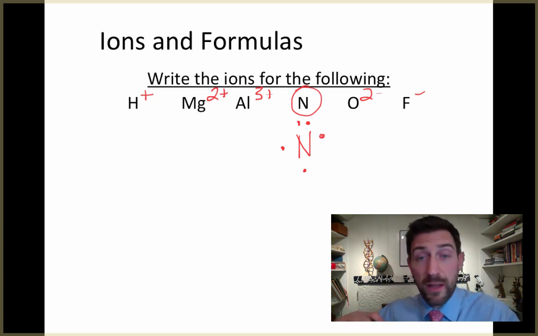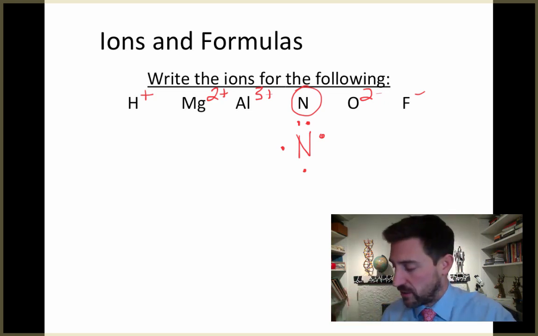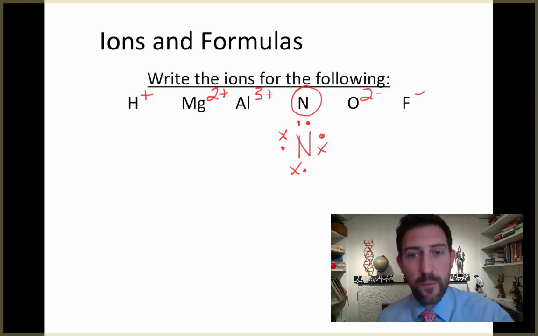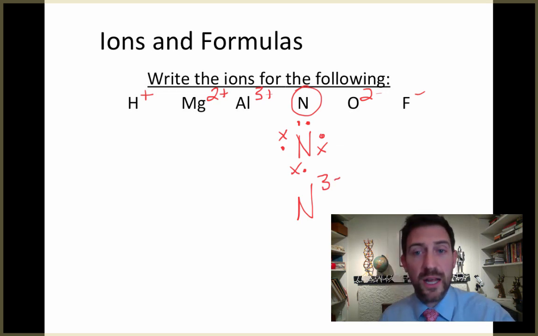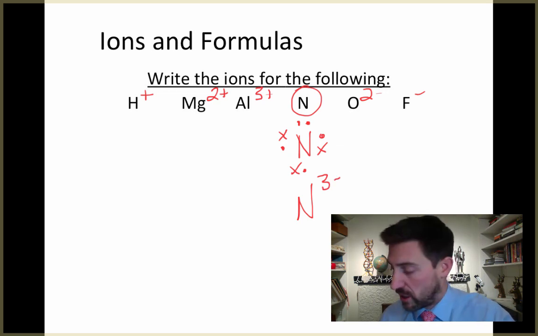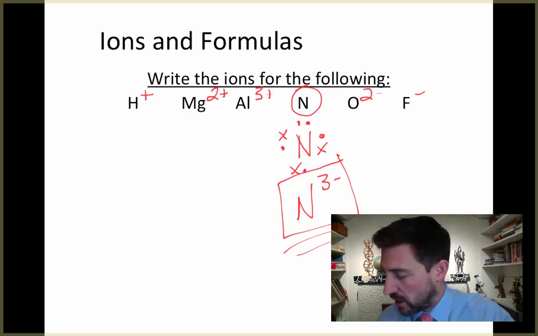Now nitrogen, like all elements except hydrogen and helium, would like to have 8 valence electrons, which means nitrogen is going to steal 3 more electrons so that it has a full octet. Now it's got 3 extra electrons, and electrons have a negative charge. So the common type I'm going to use is nitrogen with a -3 charge.